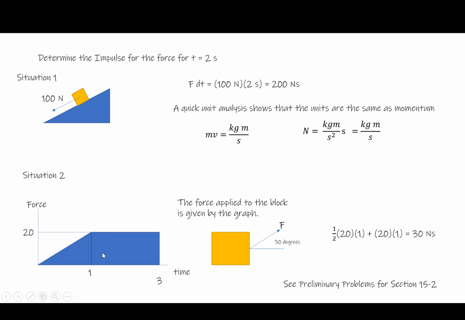So all I have to do is find the area under the graph. I get 1/2 the 20 times 1 second for this first part of the area. Then my 20 newton force times my 1 second. I add the two together, and I get 30 newton seconds.